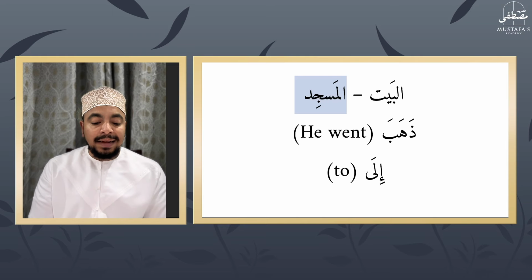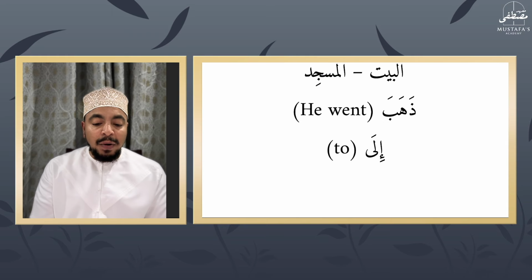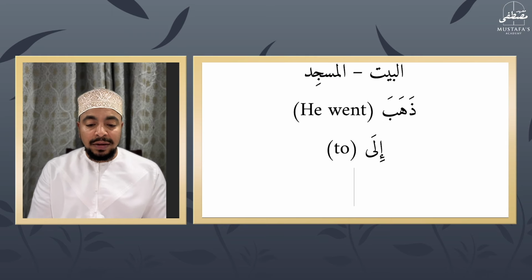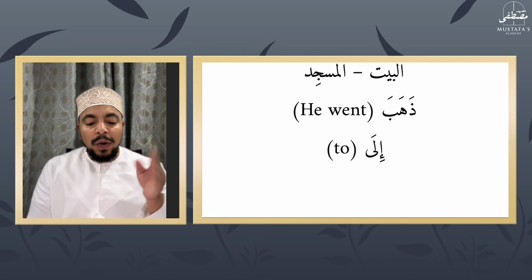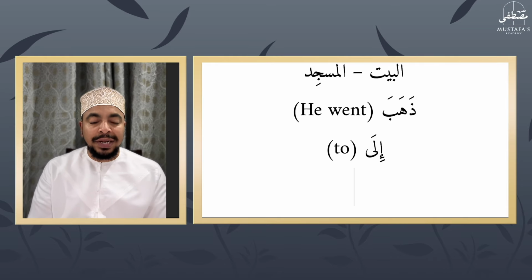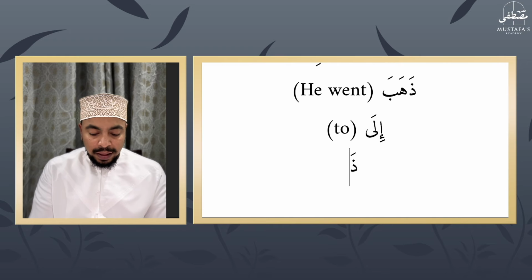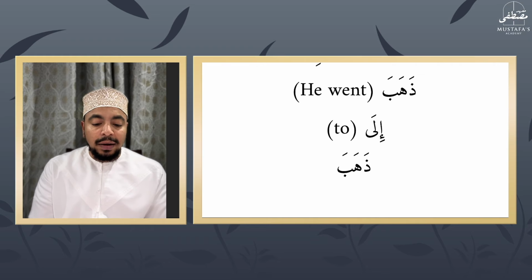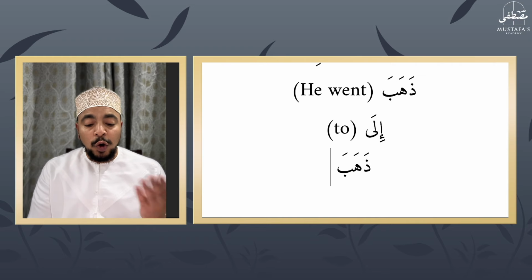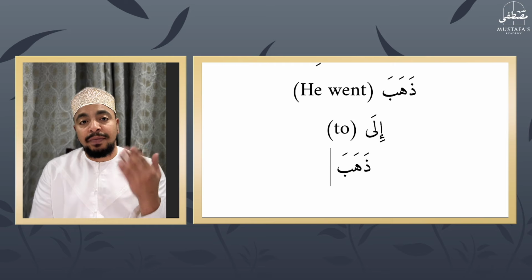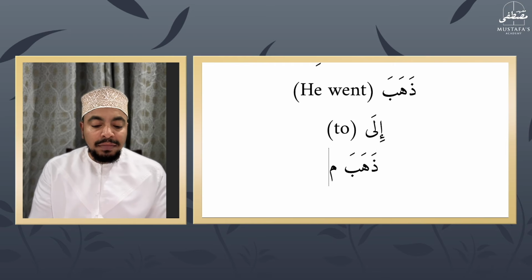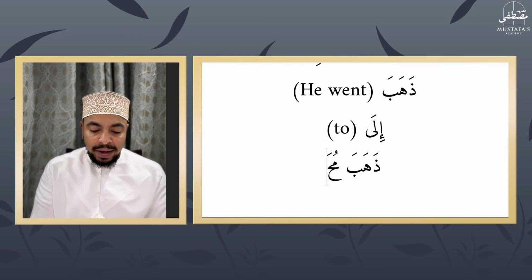As this is very clear, if you look at the screen clearly, as you can see the words, if I want to say, he went to the masjid, you need a verb to begin with, and that is dhahaba, he went. Who went? If you want to say the name of the person, the name comes in, such as Muhammad.